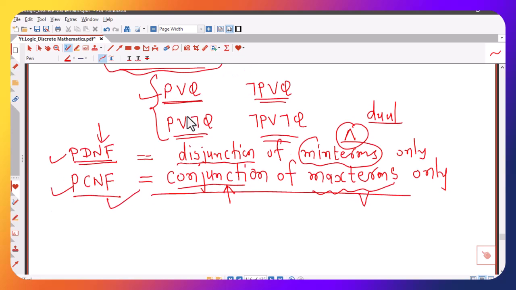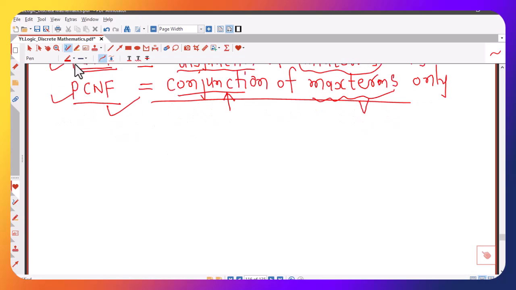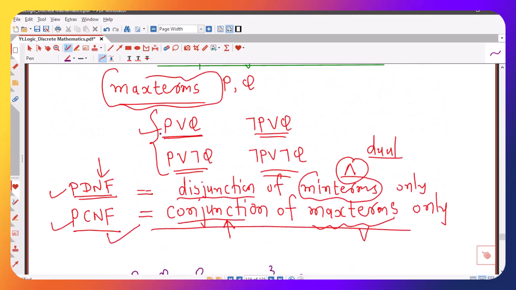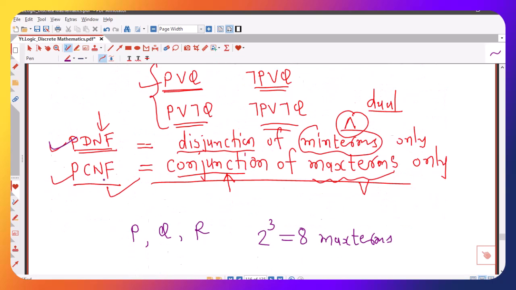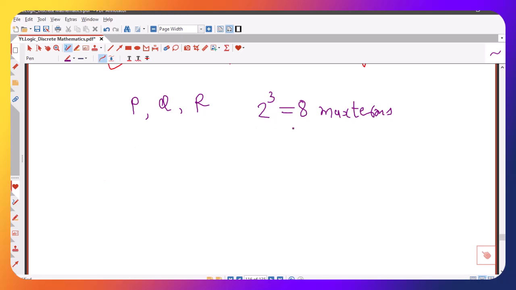In principal disjunctive normal form, we have 4 min terms, and for principal conjunctive normal form, we have 4 max terms for 2 variables. Similarly, if we have 3 variables, say p, q and r, then we will have 2 to the power 3, that is 8 max terms, similar to the 8 min terms in principal disjunctive normal form. And we can write down those 8 max terms also.